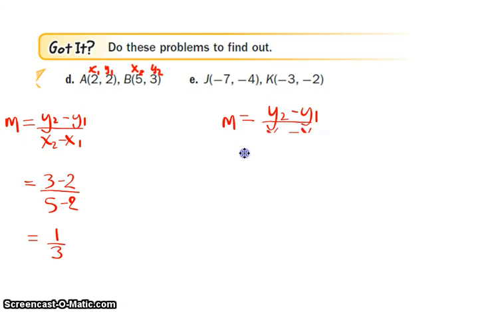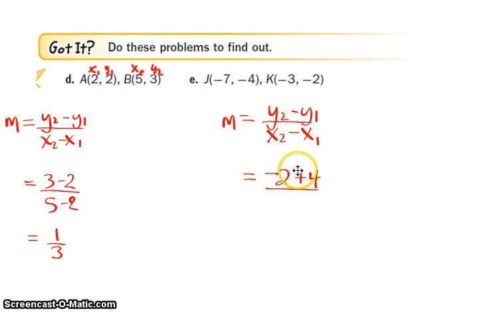Letter E, here's our formula. Yes, you have to write it every single time. Okay, here's our y2. Here's our y1. Now, since our formula has a minus in there, why do I have a plus? Well, let's take a look at our numbers. Negative 2 minus a negative 4.